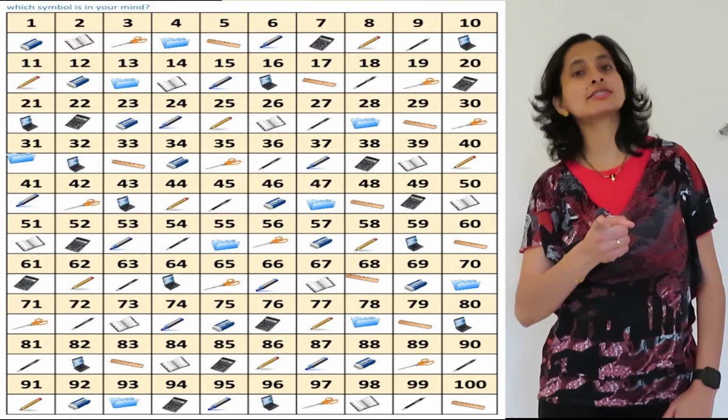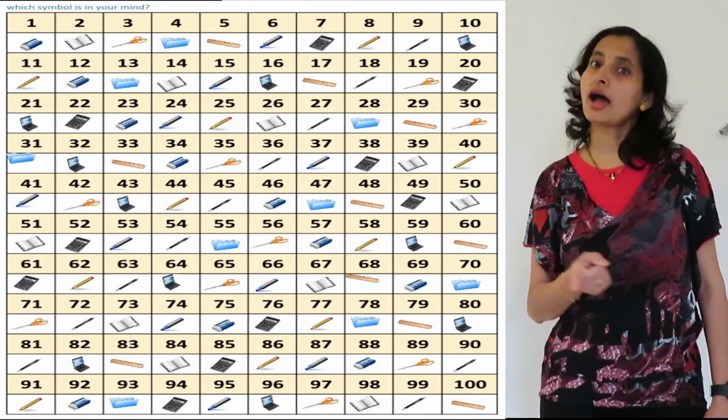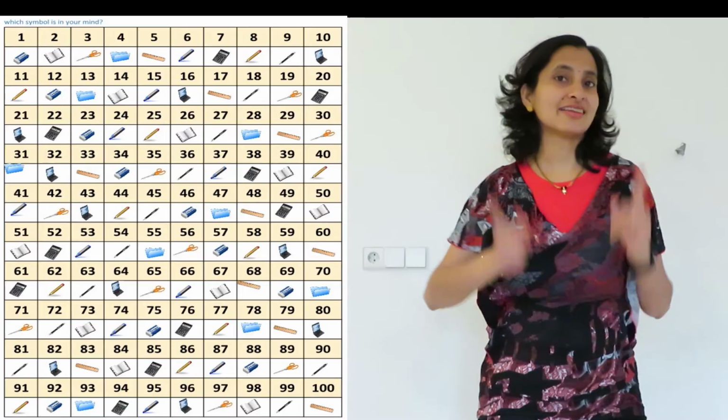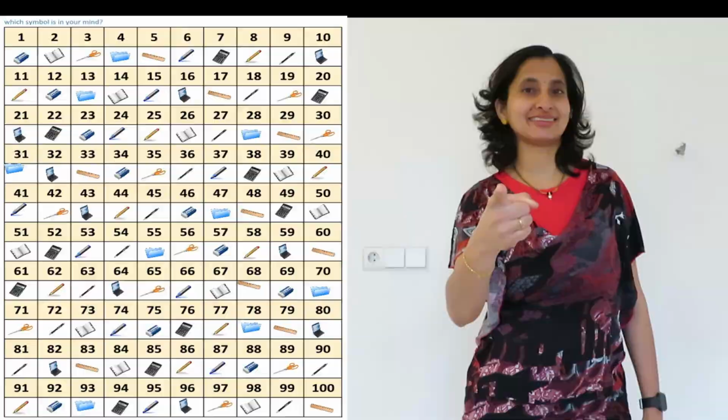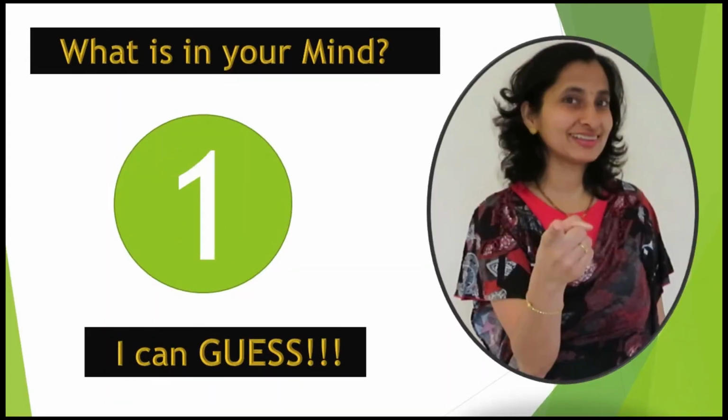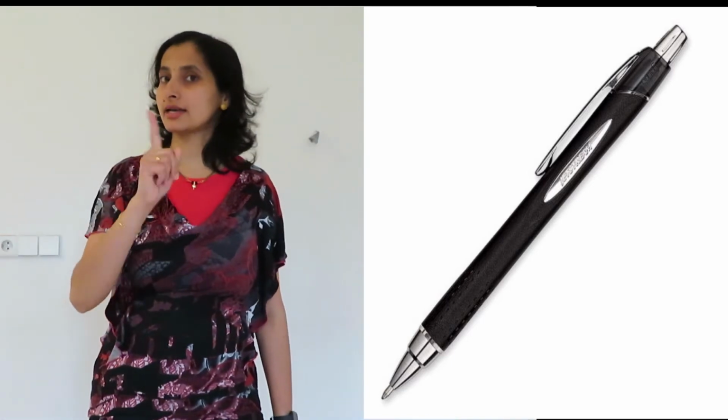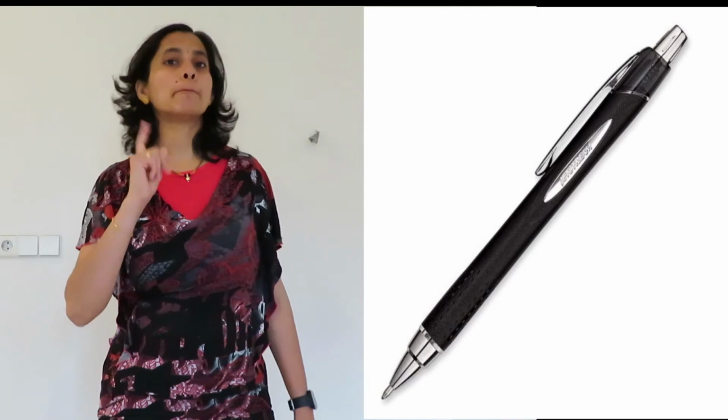Now you concentrate on your number and the symbol. Now I will tell what is in your mind. This is your symbol. If you follow the steps correctly, then my prediction is correct.